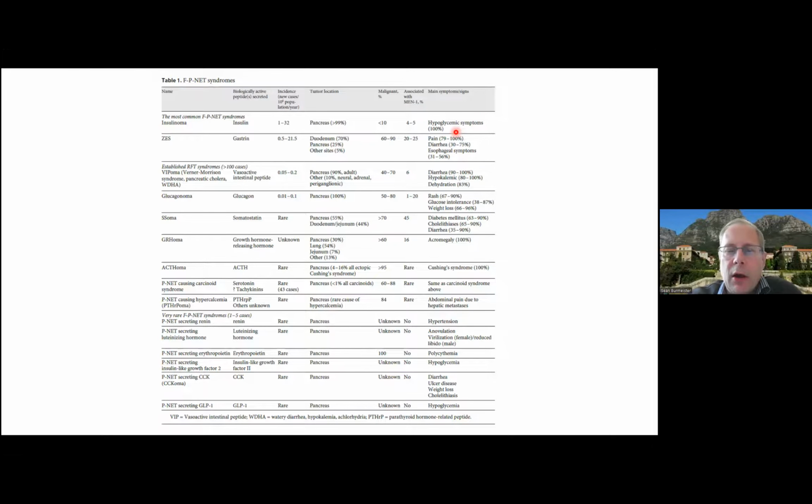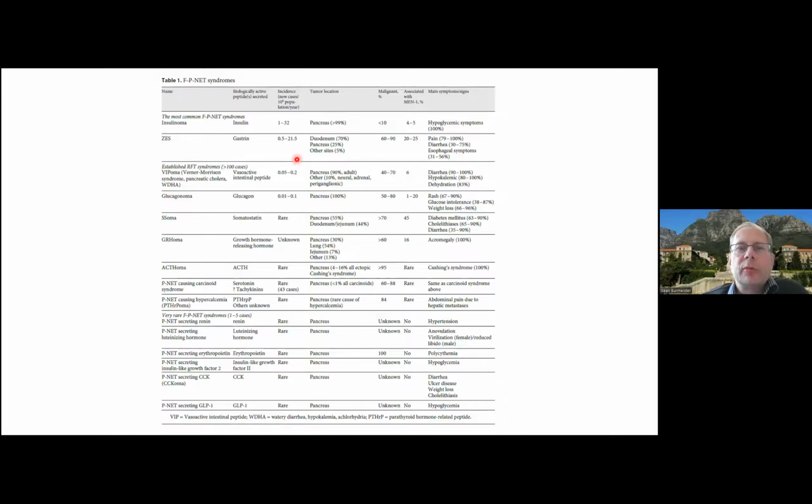Together with that, there are the neuroglycopenic symptoms. So that's going to be things like confusion, depressed level of consciousness, maybe seizures, and so on. Okay. And as we said, Whipple's triad is the classical constellation, and that is hypoglycemic symptoms in the setting of hypoglycemia and resolved following oral intake of sugar-containing substances, fluid or food.